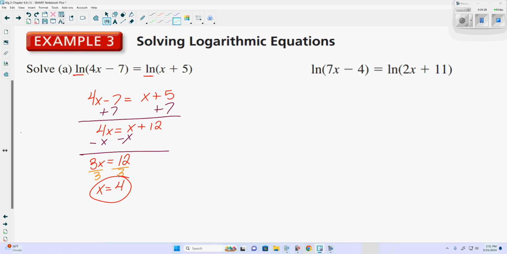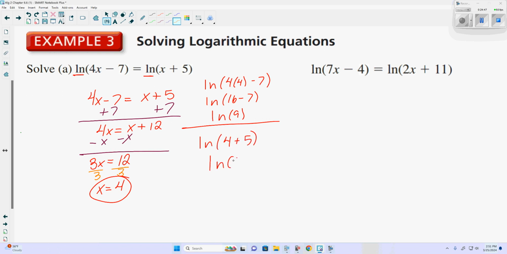And if we wanted to, we could plug it back in. ln of 4 times 4 minus 7. That would be ln of 16 minus 7, which is the natural log of 9. The other side, ln of 4 plus 5 is natural log of 9. And indeed, the natural log of 9 is equal to the natural log of 9.